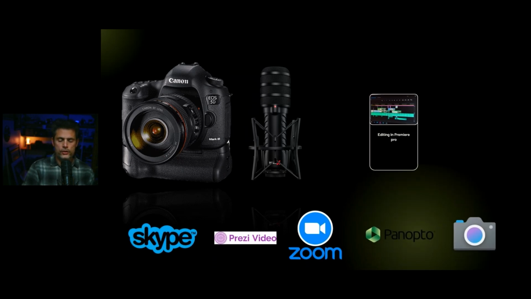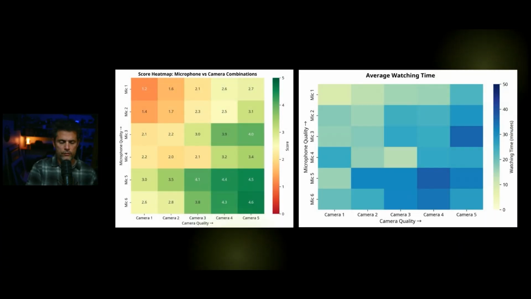So I started to try the software that was available at the time: Skype, Prezi Video, Zoom, or recently Panopto, and the software from Windows. None of them satisfied me. All of them had some issues with quality, recording, or editing. They were not what I was looking for.